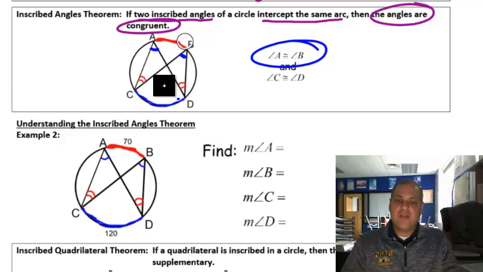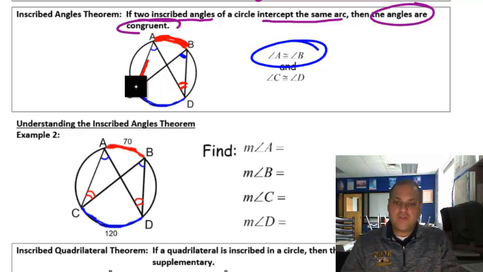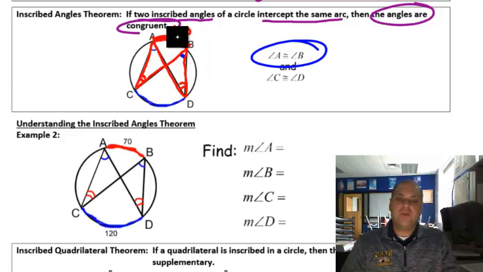I could do the same thing on the other side of this circle. I'll do it in red. Here's angle C. Here's angle D. They both intercept arc AB. C goes to A. C goes to B. D goes to A. And D goes to B. So if AB were 100, then angle C and angle D would both be 50.